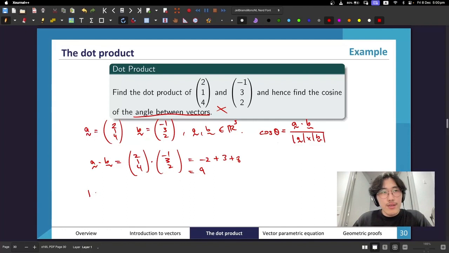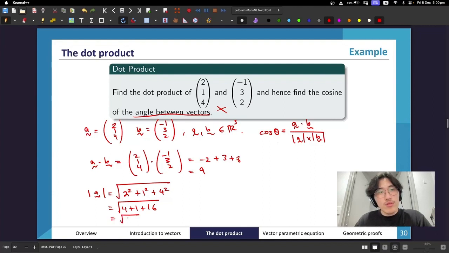And the magnitude of a equals the square root of 2 squared plus 1 squared plus 4 squared, which is equal to 4 plus 1 plus 16, which is root 21.